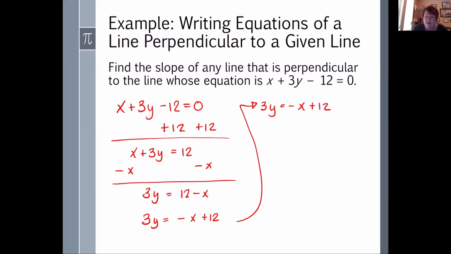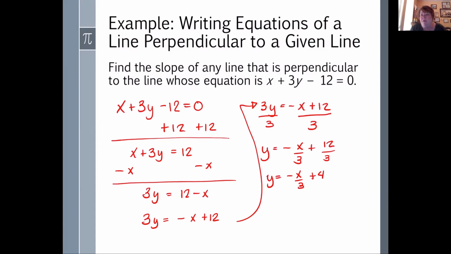Now I'm going to divide both sides by 3. And again, if I have the numerator of a fraction being more than one term, being divided by a monomial, one term, I can divide each term in the numerator by that denominator. So this is negative x over 3 plus 12 over 3, negative x over 3 plus 4.